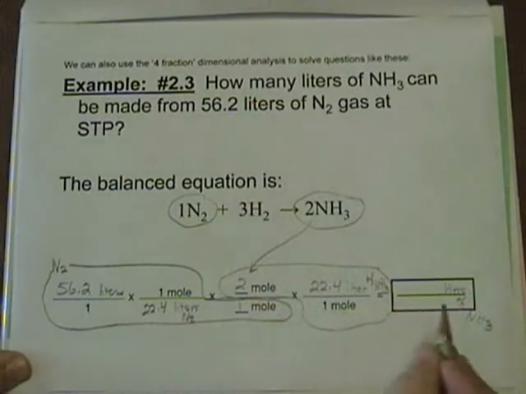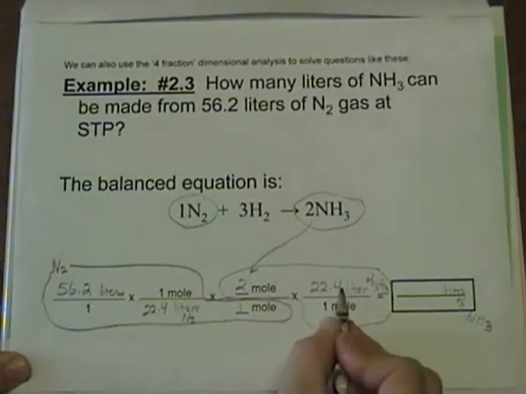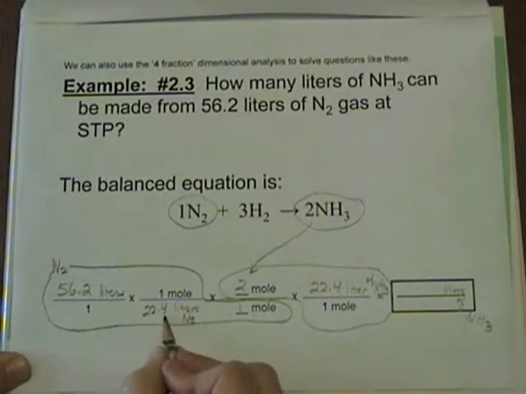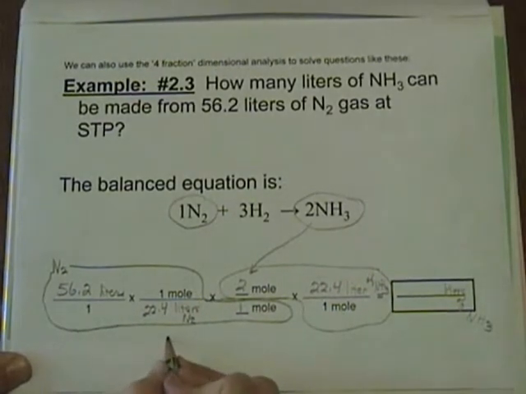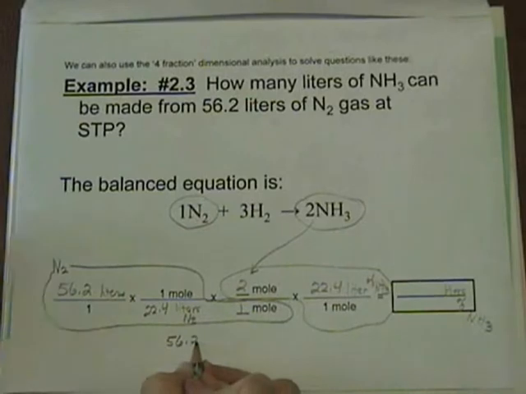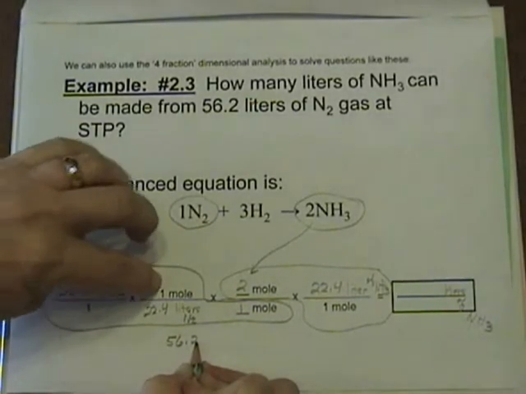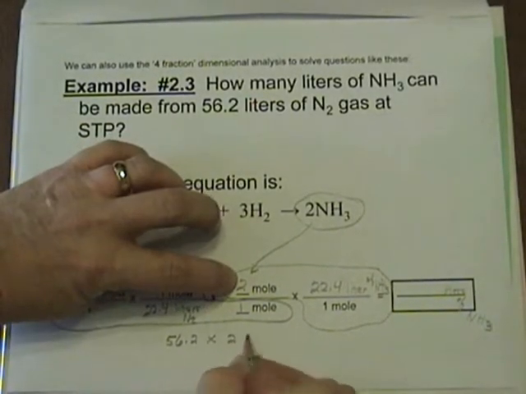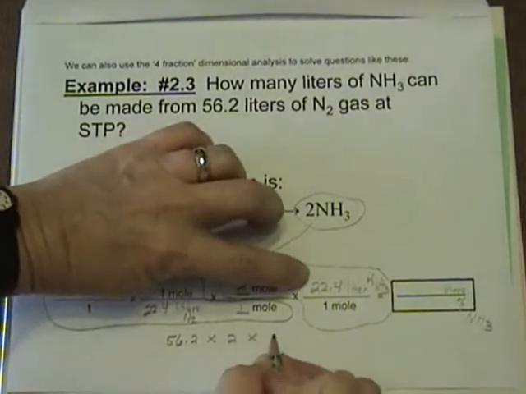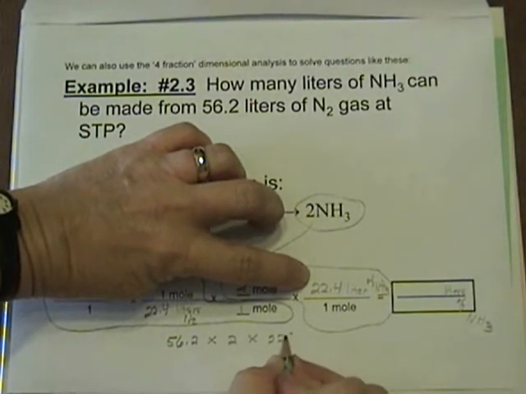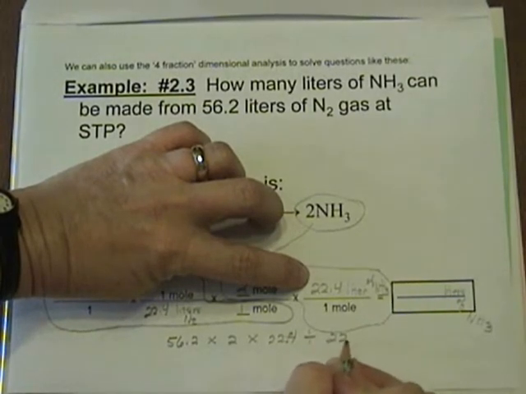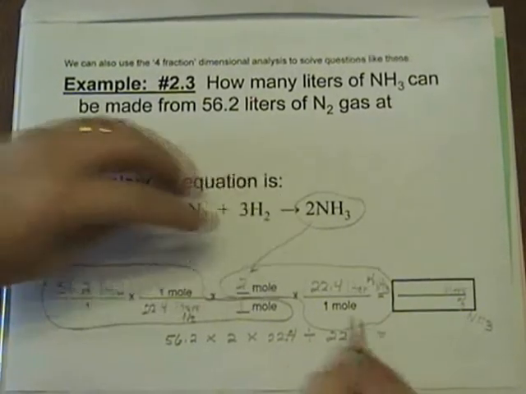Okay, so when you kind of look it over, it's like, well, goodness, we've got 22.4 liters on top, we've got 22.4 liters on the bottom. So really, you're just going to be basically going 56.2 liters times 1 times 2 times 22.4, and then divided by 22.4 equals, right?